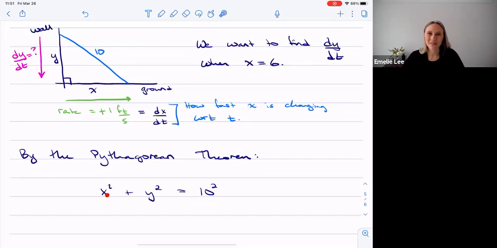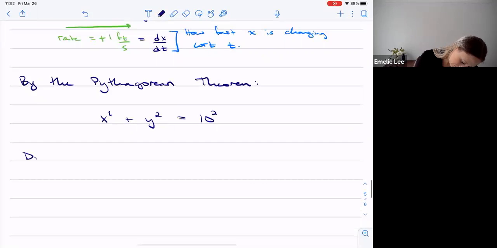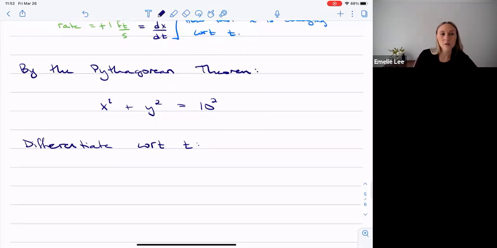I also have dx/dt, and I want to find dy/dt, so it's nice that I have x and y in here, and that's it, because when I take the derivative with respect to t, I'll be able to extract those derivatives that I want. So now I differentiate both sides with respect to t.